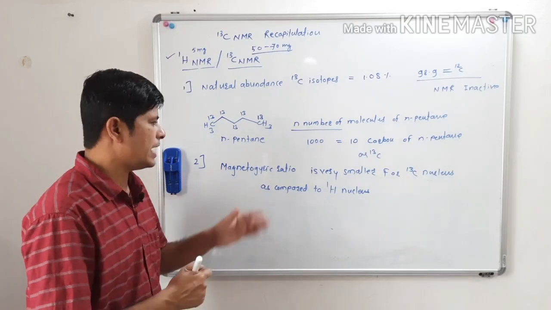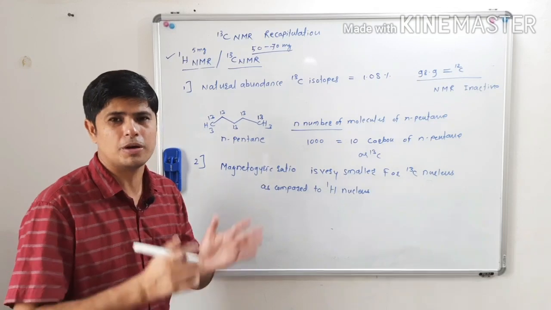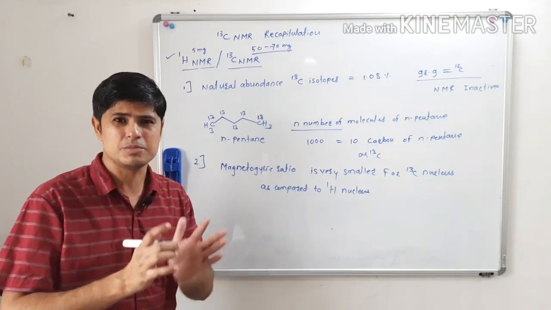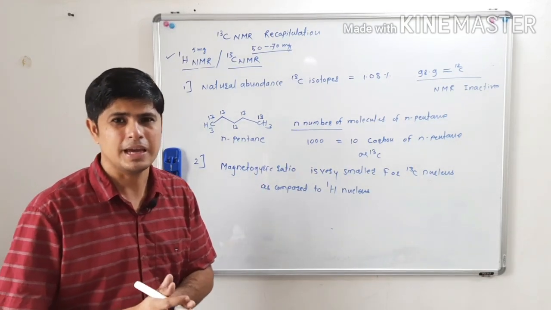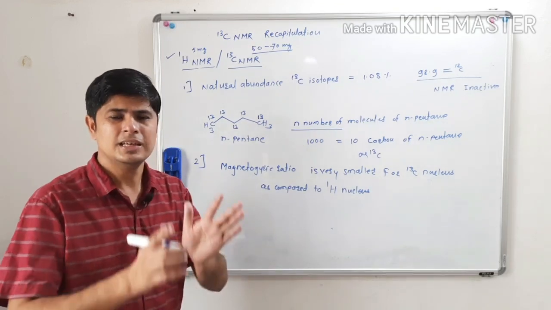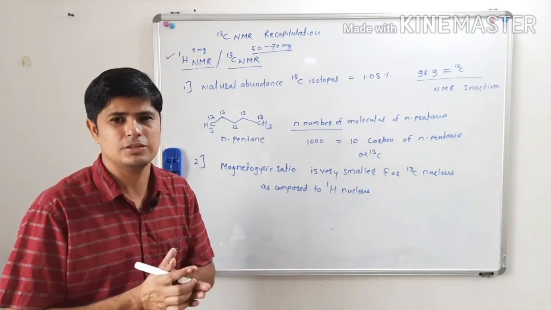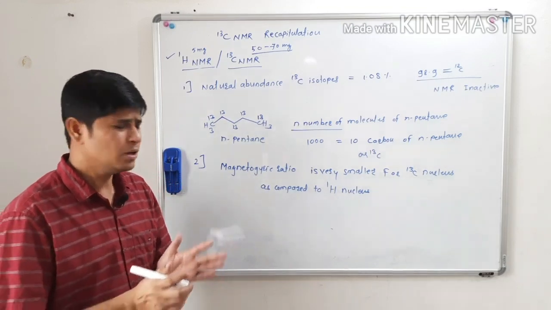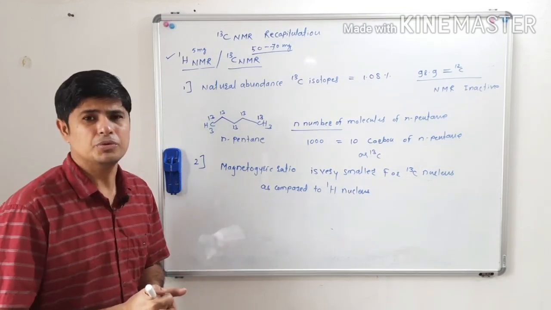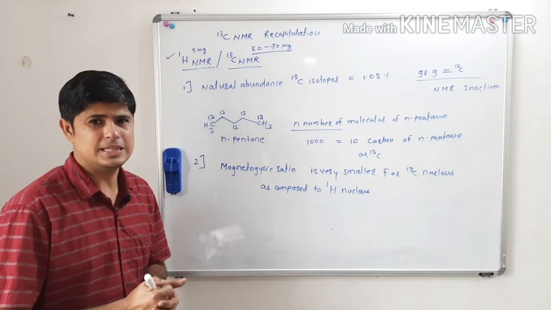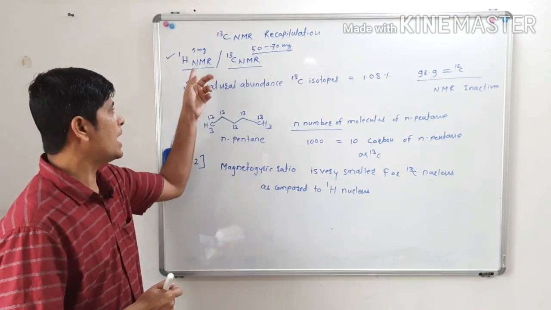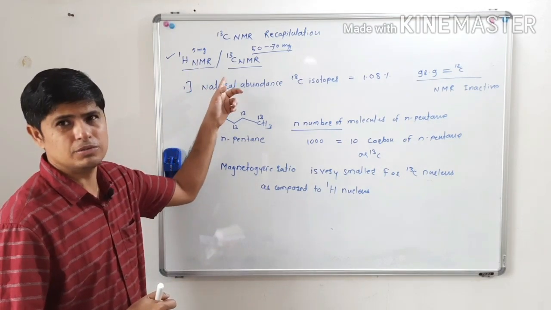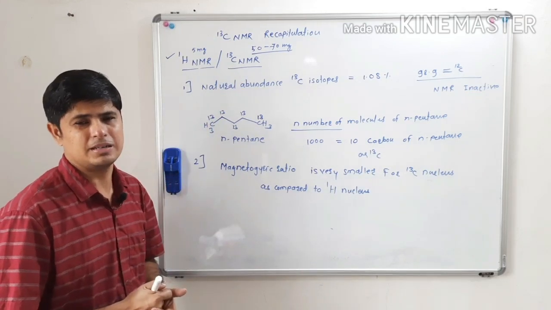So this magnetogyric ratio or gyromagnetic ratio for the carbon-13 nucleus is very small. Hence carbon-13 has low sensitivity, very low sensitivity as compared to the 1H nucleus. Is that clear? I hope you have understood why 1H NMR is more sensitive than carbon-13 NMR.